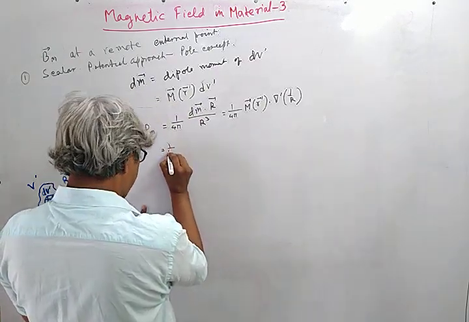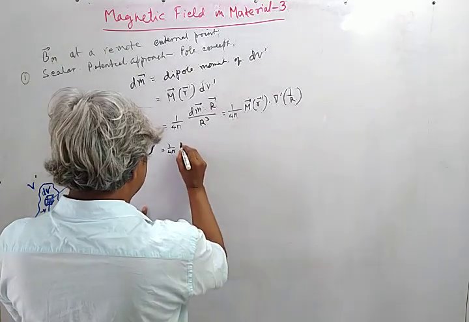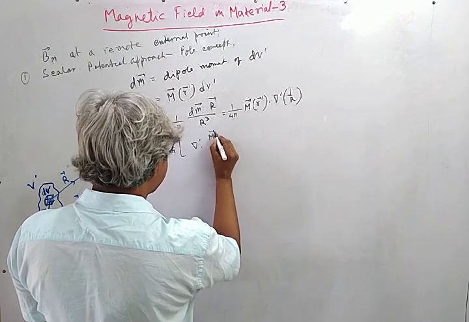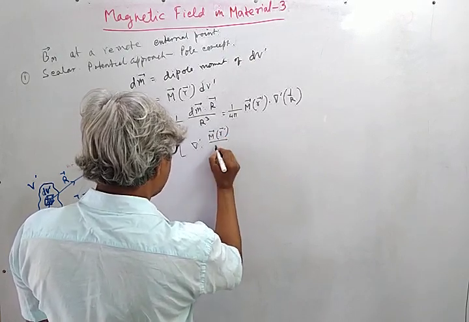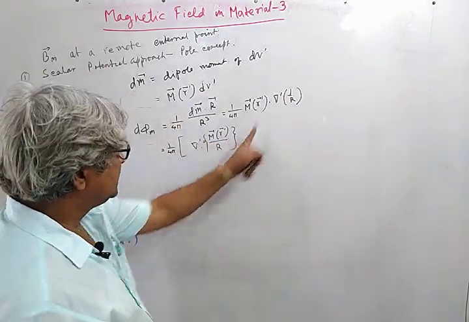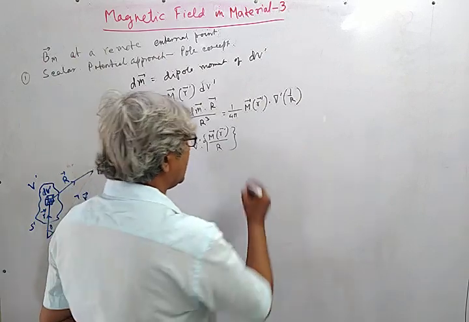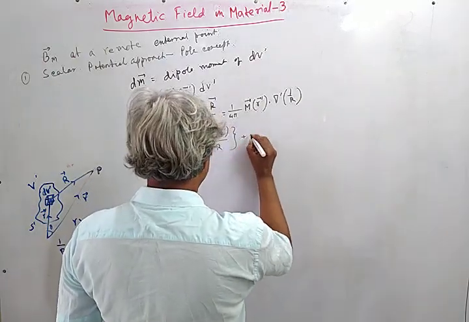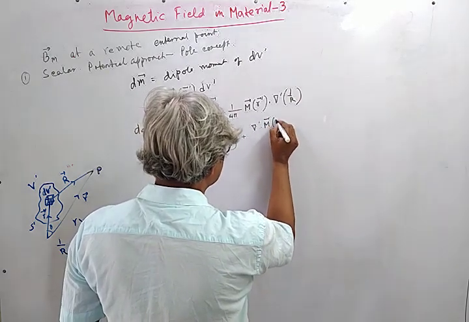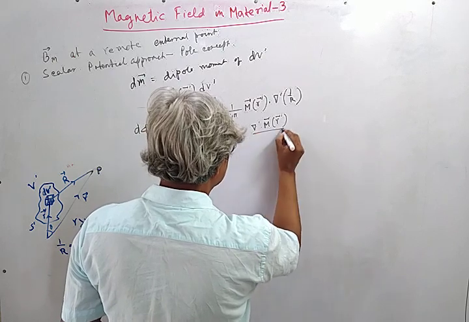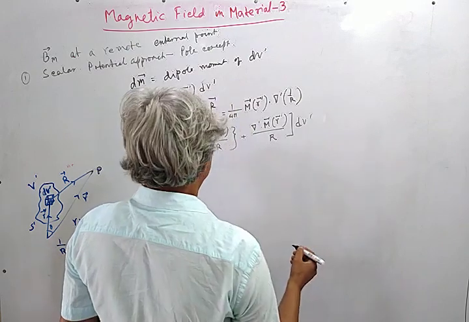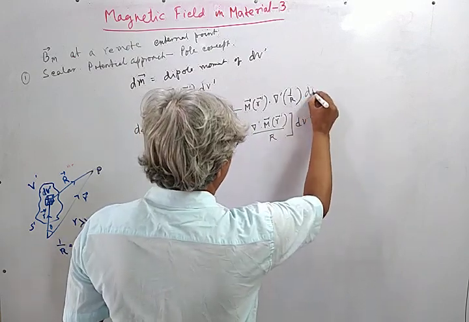It is 1 upon 4 pi. We write this part as it will have two terms. One is this, and the other term is here, dv prime was missing.